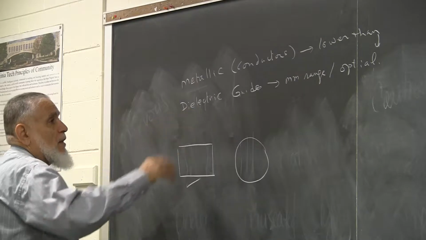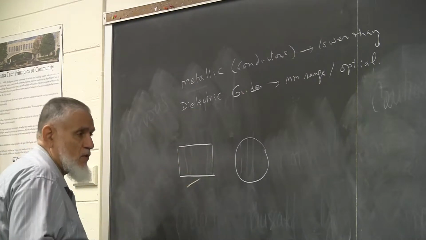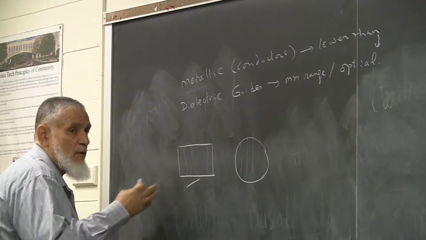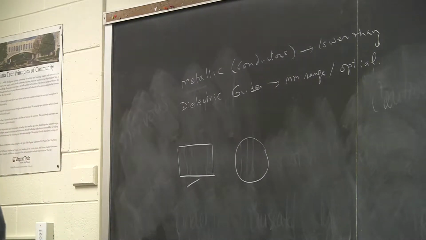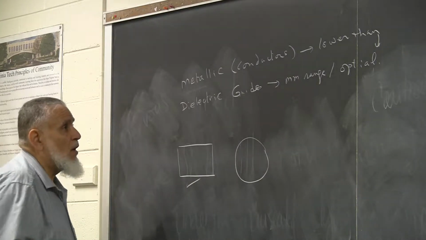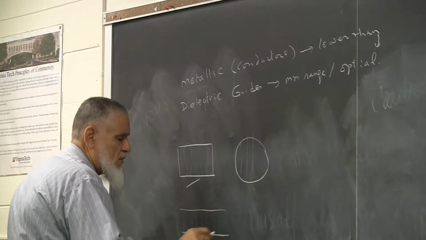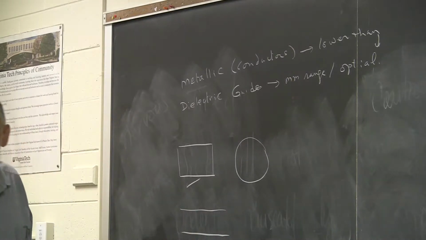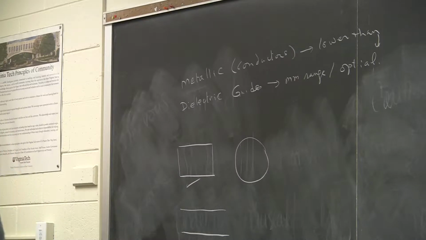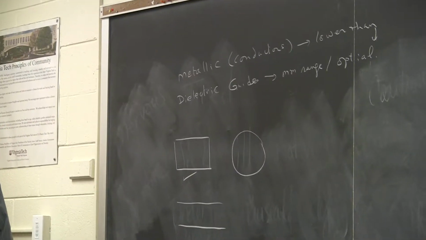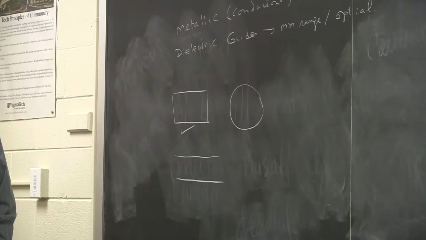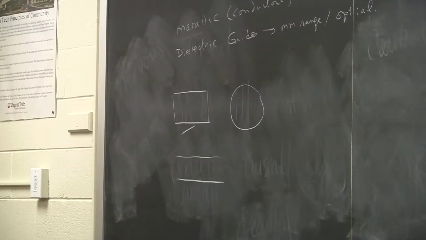In the dielectric guides, you can have the same kind of shapes as well, because it's a matter of manufacturing. In addition to these two shapes, you can also have the parallel situation, which is typical of planar manufacturing. When you do things in substrate format, you are doing planar configuration.